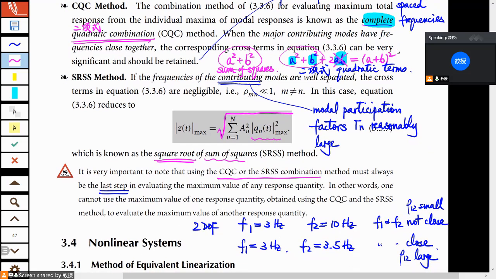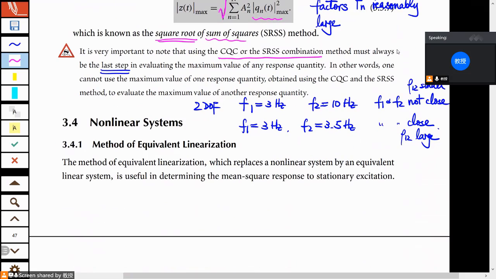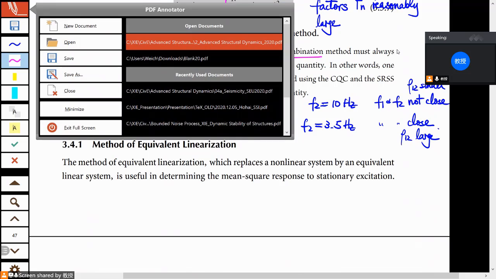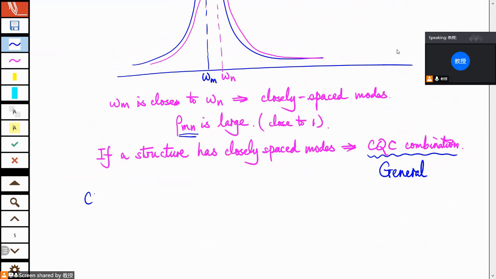So, for example, let's say you use CQC to find the maximum base shear V CQC.